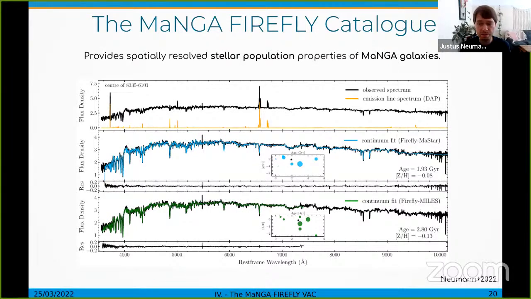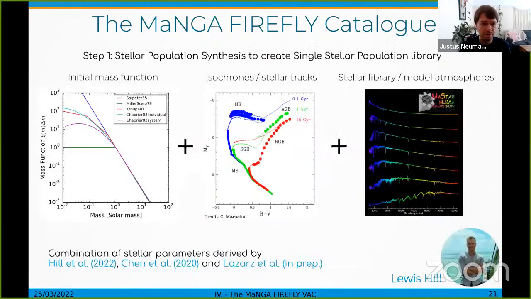We have different model libraries. We use the M11 model library and the MILES model library. And a bit more detail about this, but I will be very quick at this point, not too many details. You can ask if you want to know more.